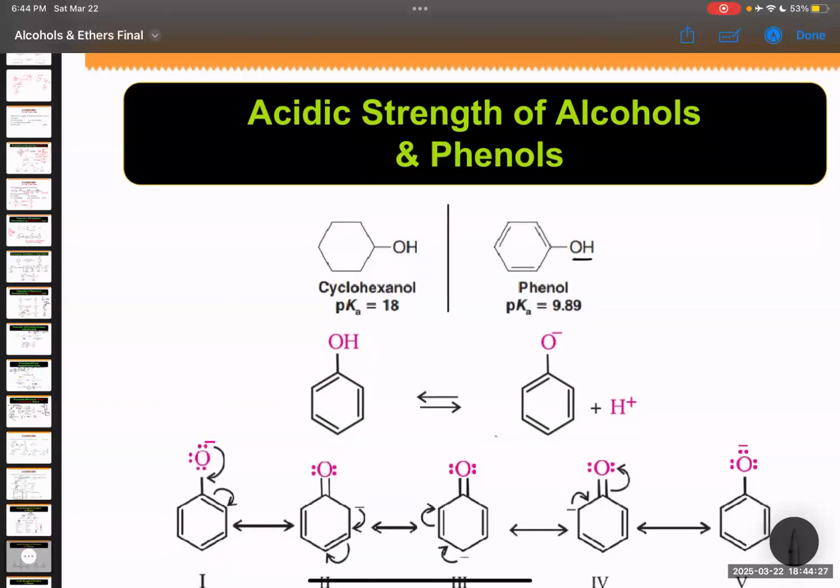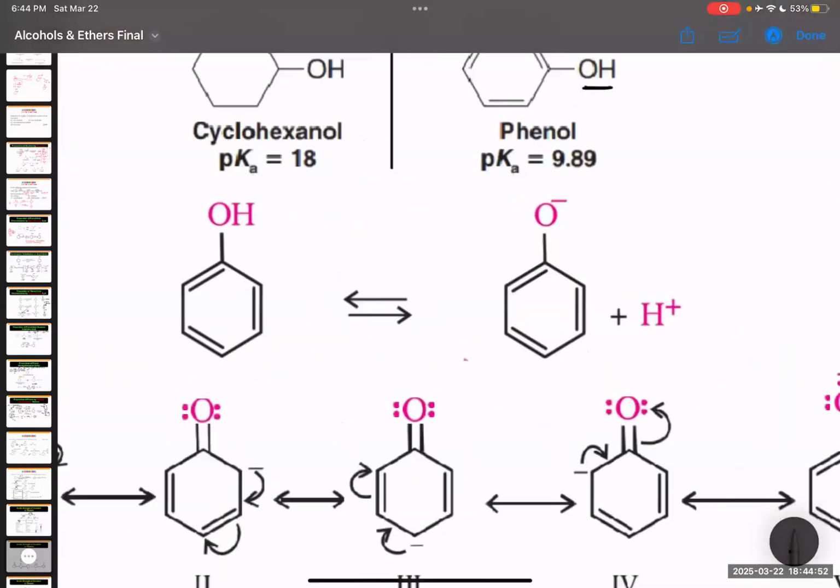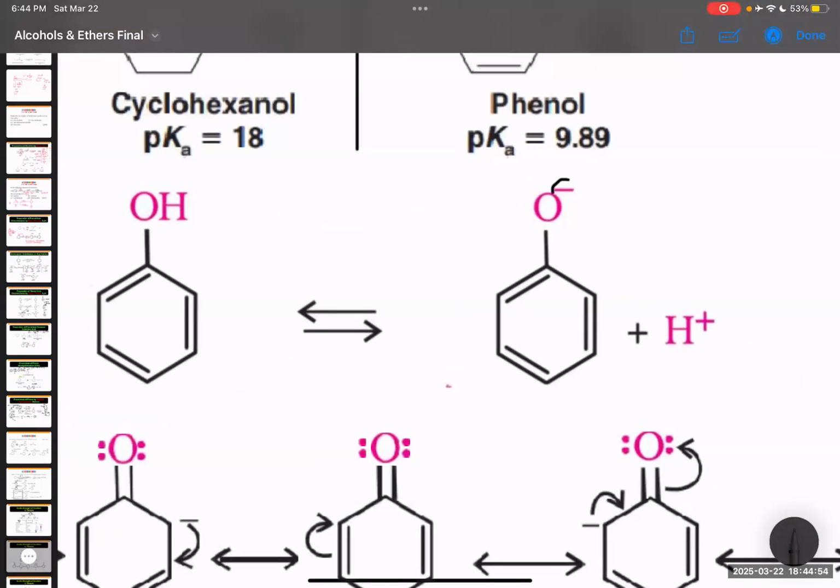The reason doesn't lie in the alcohol itself, you need to remove the H plus and make O minus, and check whether it is stable, whether it is getting stabilized by the adjacent group or destabilized. So here you can see what happens if phenol loses its H plus. You are left with phenoxide ion.